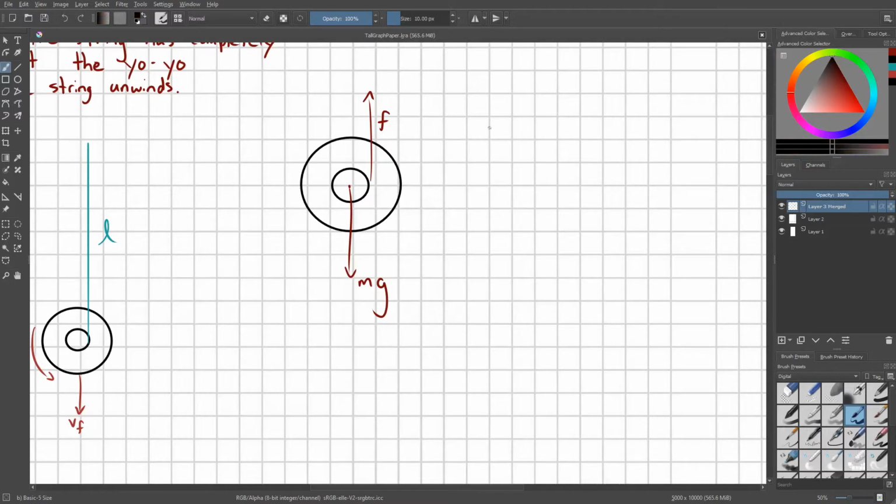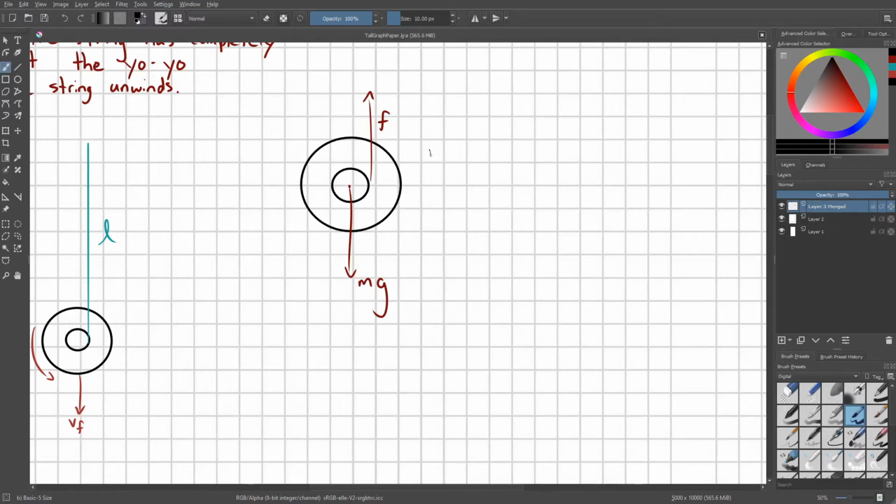Now, we can tackle this problem using conservation of energy if we prove that the frictional force does no work on this yo-yo.